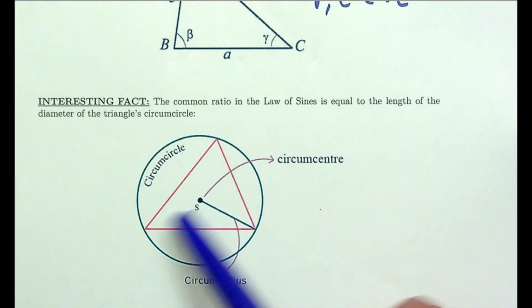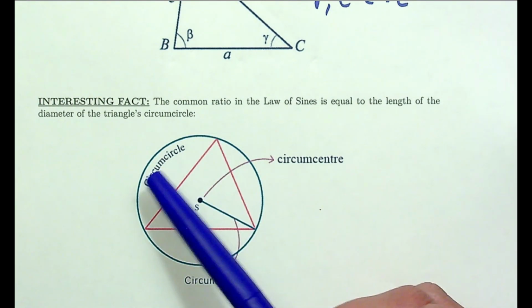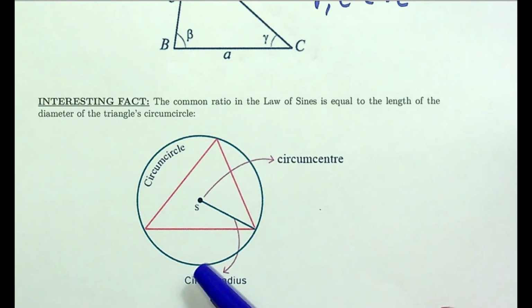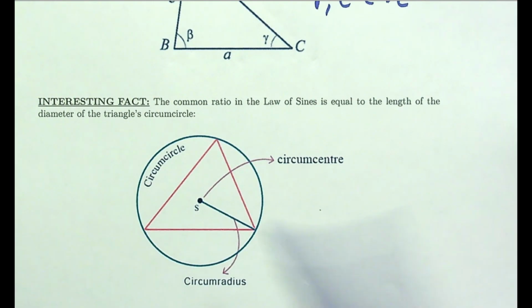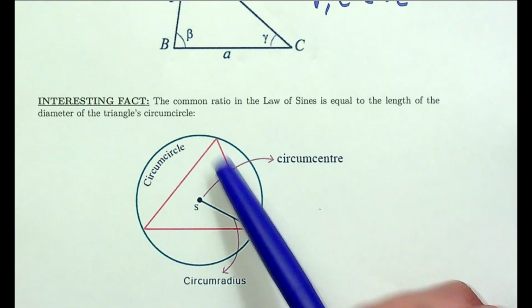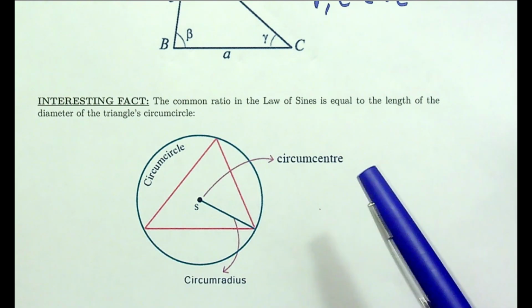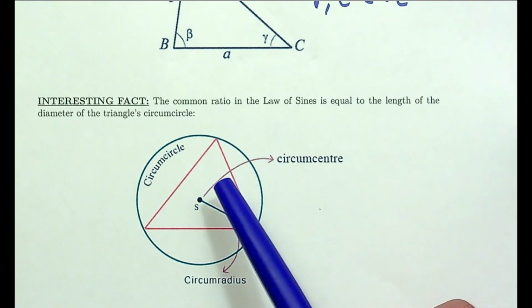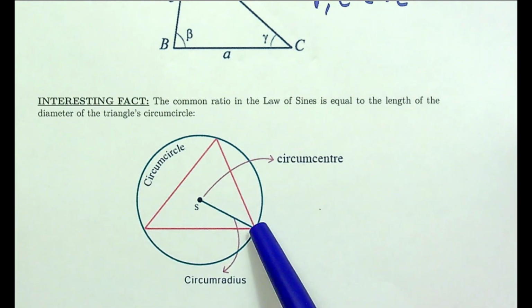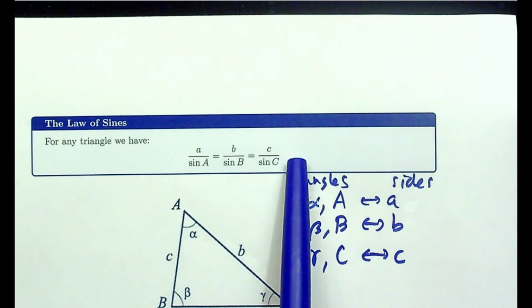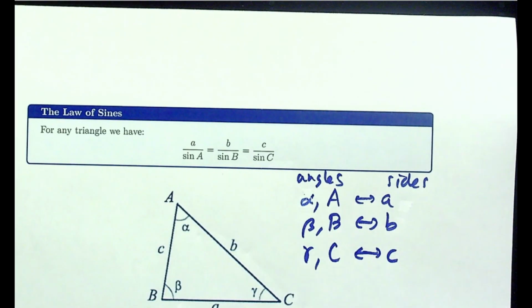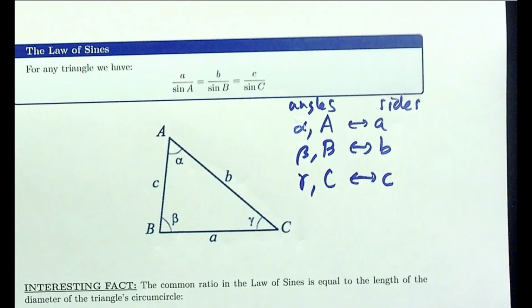So you can draw a so-called circumcircle. It is the smallest circle that contains a triangle, touching all the vertices. The diameter of that circle is this number right here. That's an interesting fact. It's true. We're not going to be needing it, but it's true.